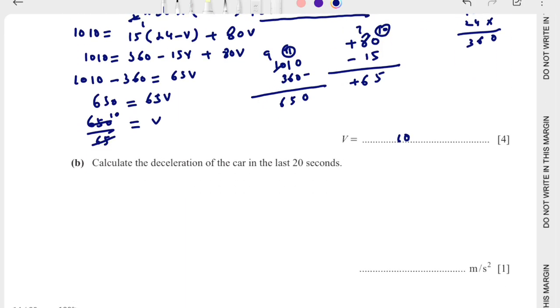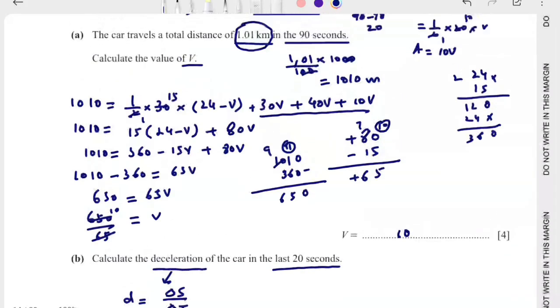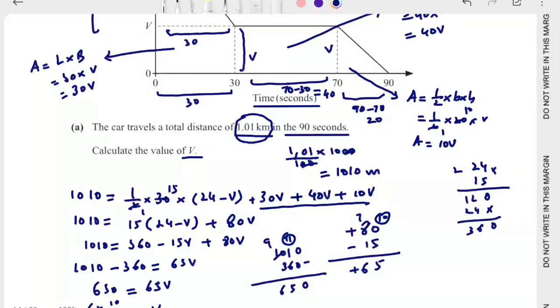Now B part, calculate the deceleration of the car in the last 20 seconds. Deceleration means negative acceleration, so its formula would be equal to change in speed over change in time. So look into the diagram here.